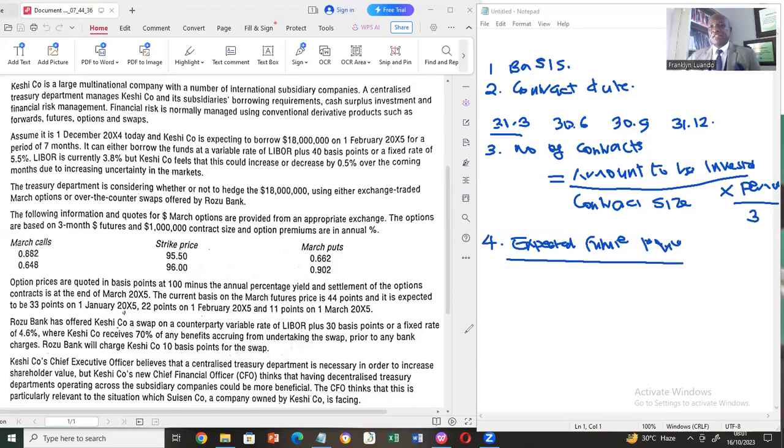Expected futures price is determined by having 100% less the interest rate, incorporating the changes in interest, less the basis for an expired basis.